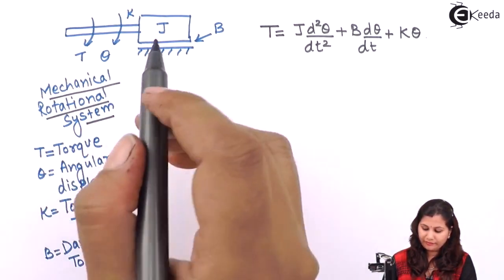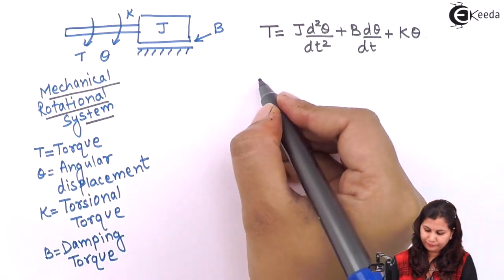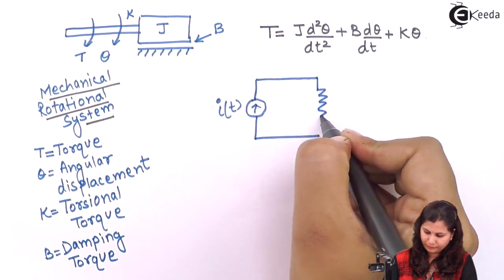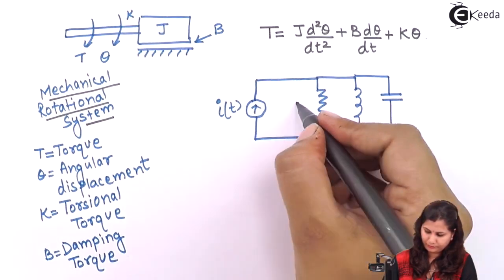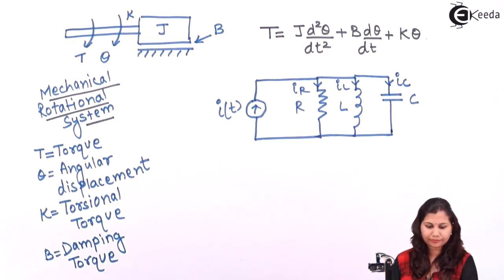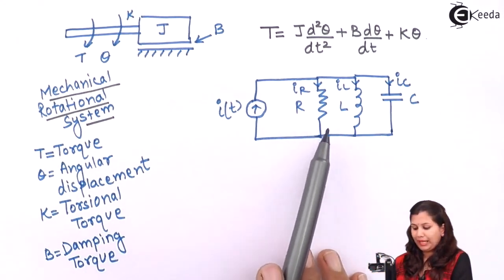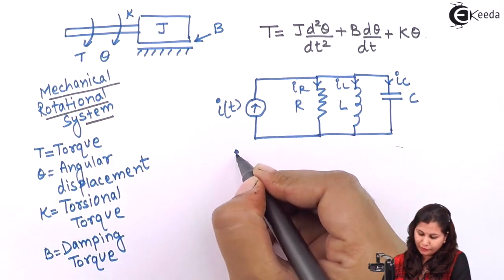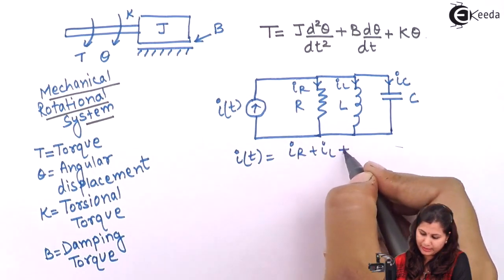Okay. Now if we draw its electrical analogous system, we will have an electrical system having the parallel combination of RLC, and if we write the equation for it, we will get IT equals IR plus IL plus IC.